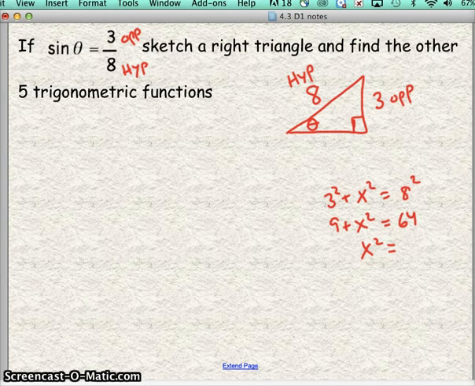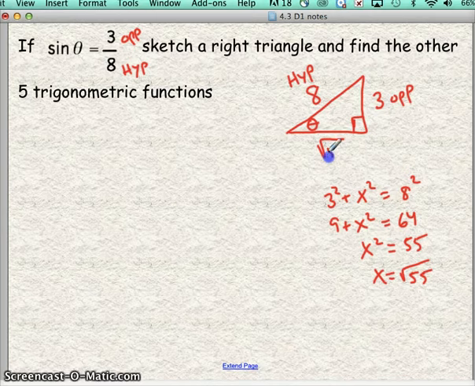Subtract 9 from 64, and you get 55. Then we're going to take the square root of 55. And if that simplifies, do so. But if not, just leave it as a square root, as a radical.